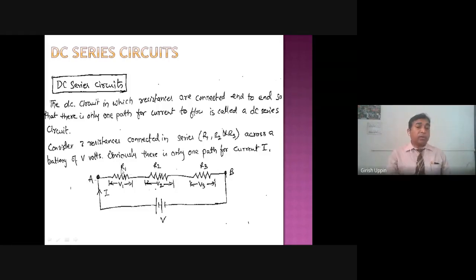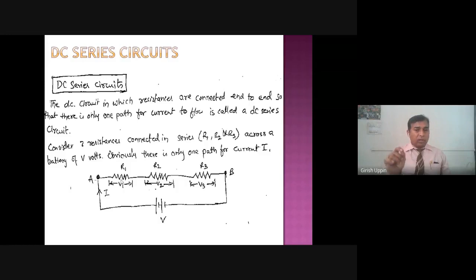So what will happen is, based on their resistance, the voltage potential difference, or the voltage across that resistor, would be different. If the resistance is less, then the voltage across that particular resistance would be less.